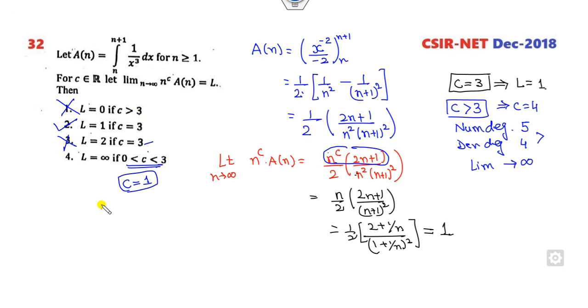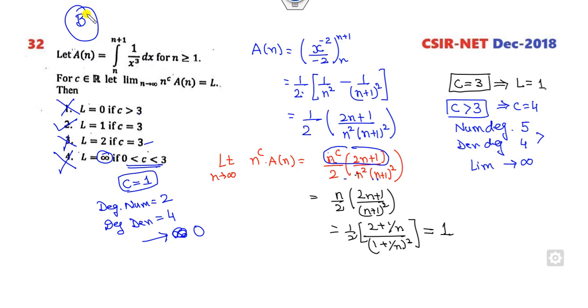What is the degree of the numerator? When c is 1, it will be 2. What is the degree of the denominator? It is 4. So what is the limit? Sorry, the limit will go to 0, because the denominator is larger. 1 over infinity is 0, but infinity is a wrong option. The only correct option is B.